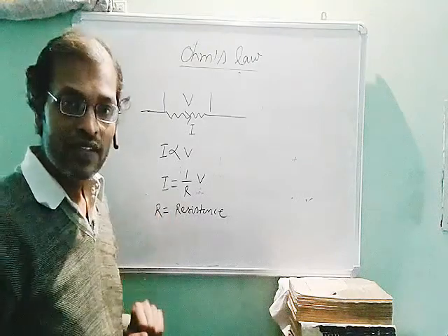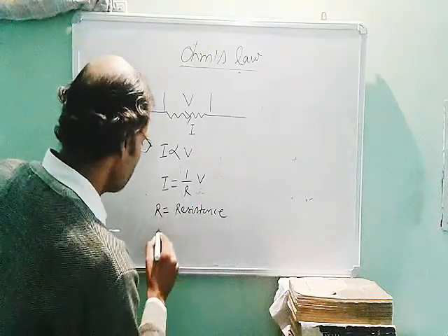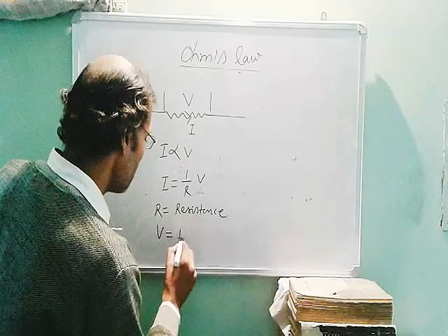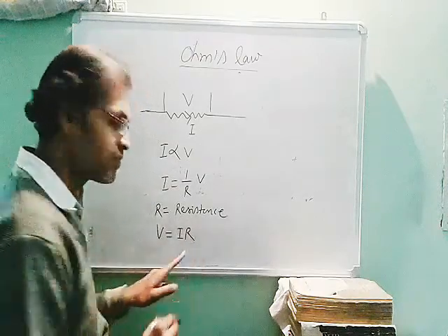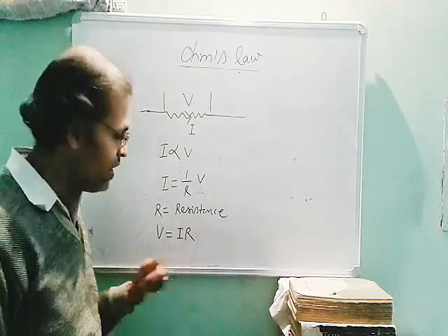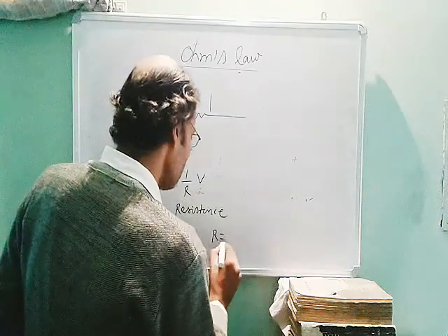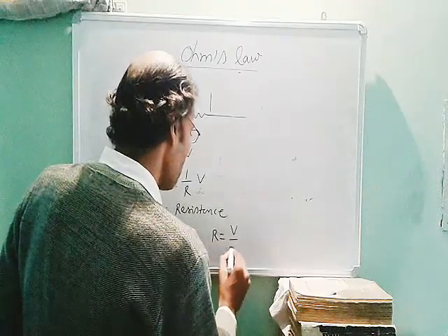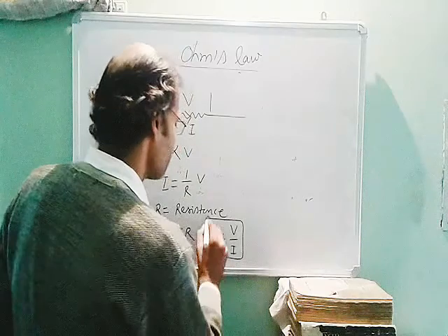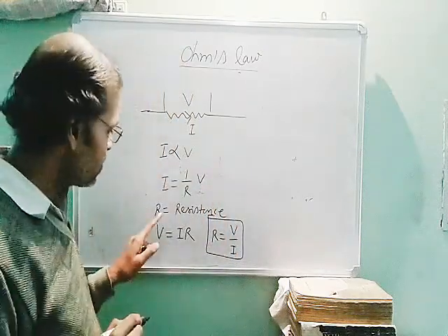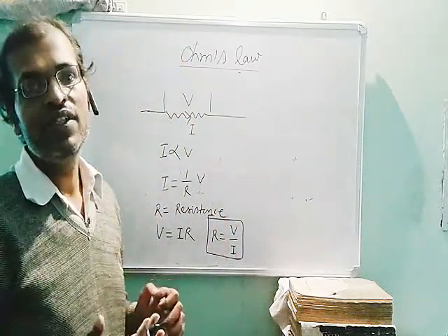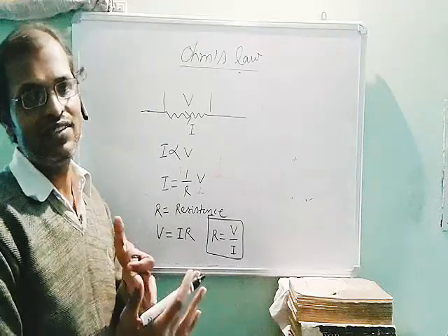How to define this resistance? Just pay attention. V is equal to IR. R is equal to V upon I. This is resistance. Resistance means something that resists.